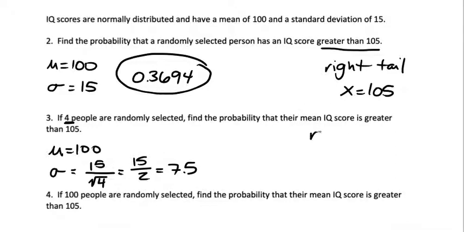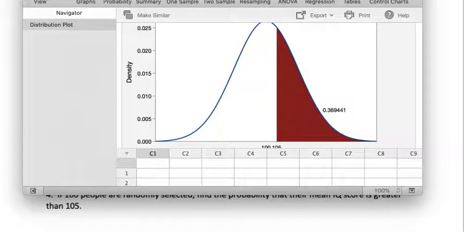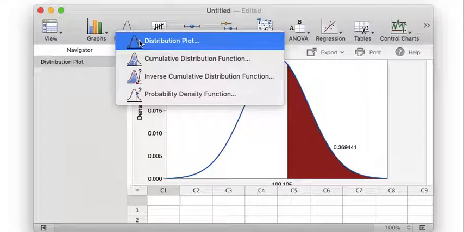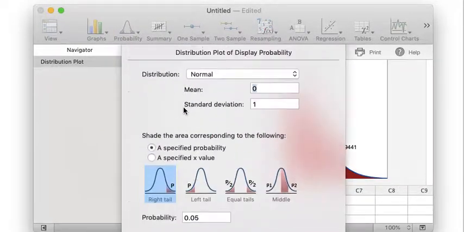Still a right tail, and I'm still using x equal 105 because I want to know the probability that the mean IQ score is greater than 105. So pull up Minitab, and enter in the same values, except the standard deviation is now 7.5.